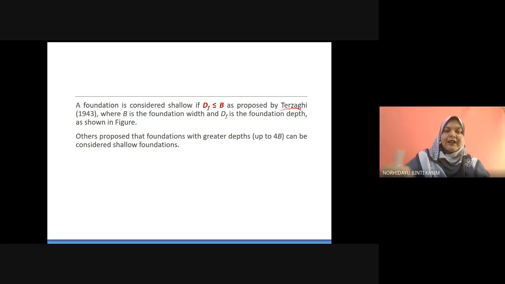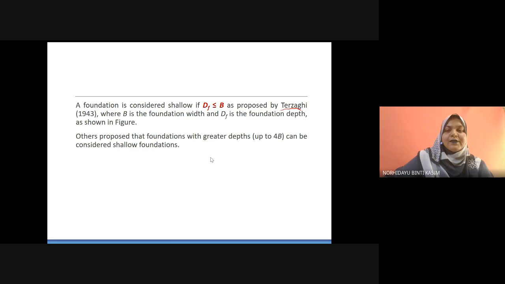I will show you a photo after that. And B is the width of the foundation. So if you want to design a shallow foundation, you have to make sure the depth of the foundation is less than the width of the foundation.